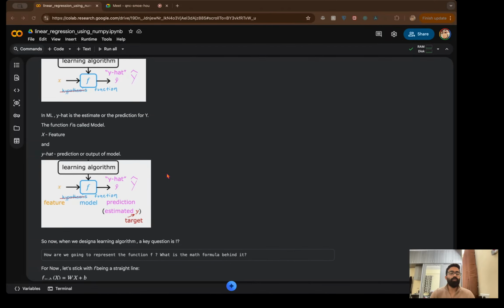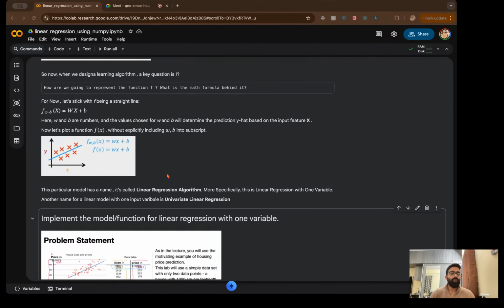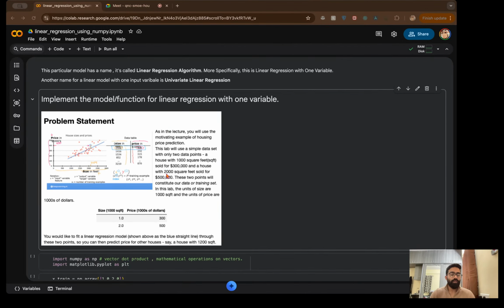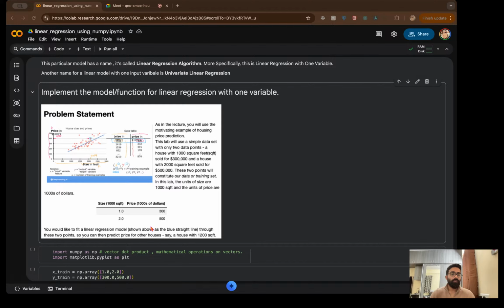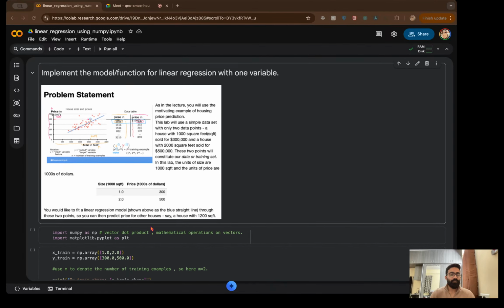Let's say I want to predict the price of a house of 1,500 square feet. We do not have that data here, but once we create this function, we will be able to predict the price of the house.